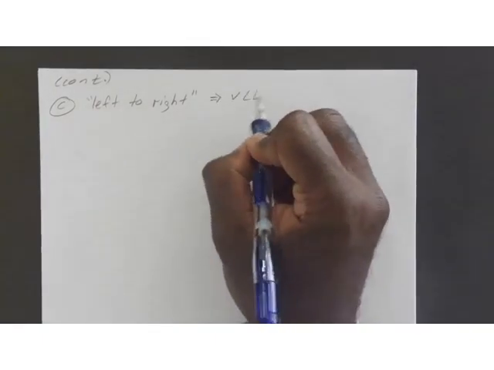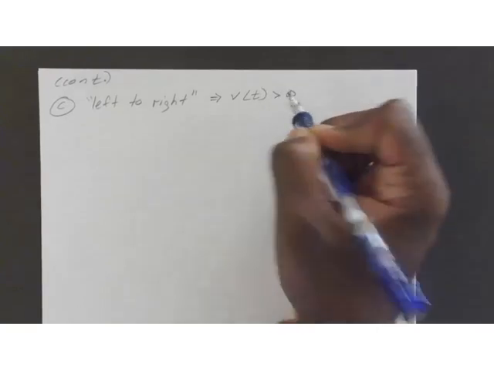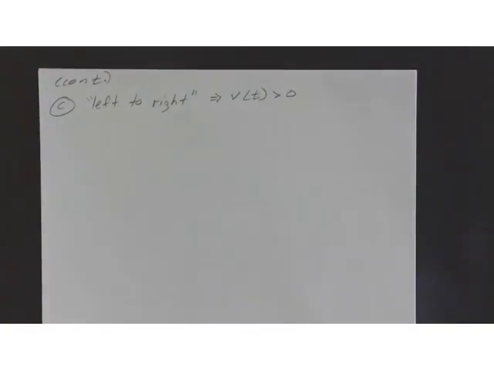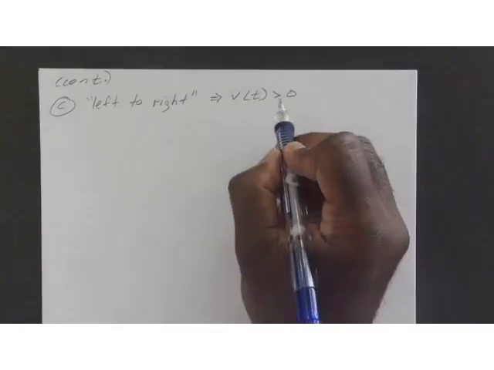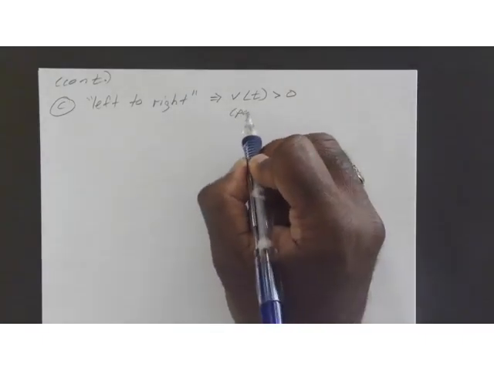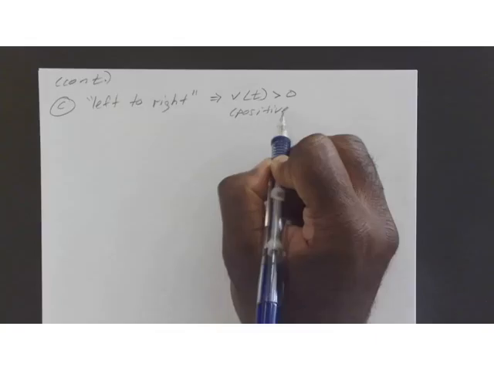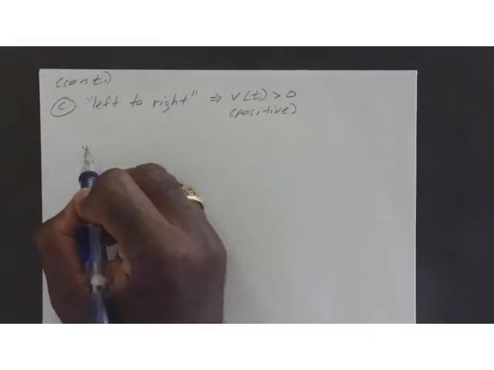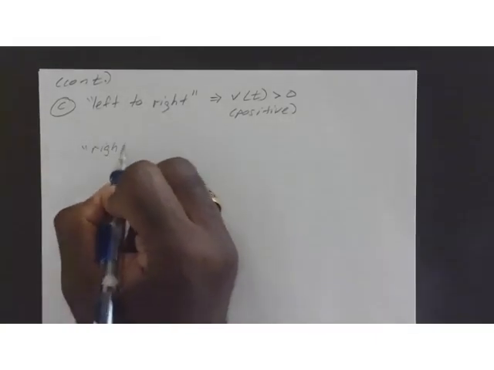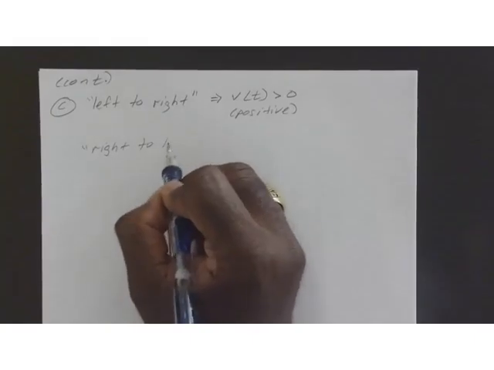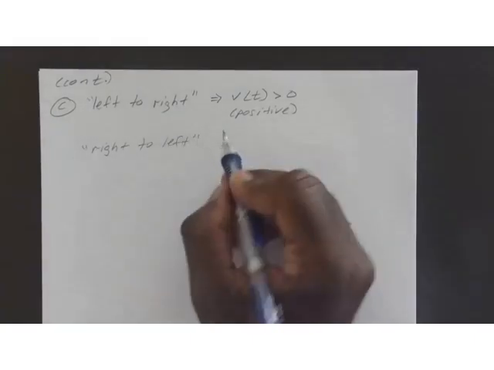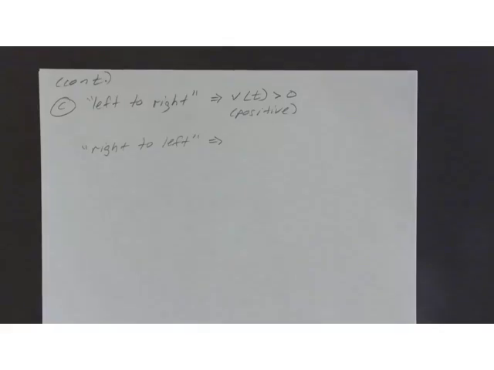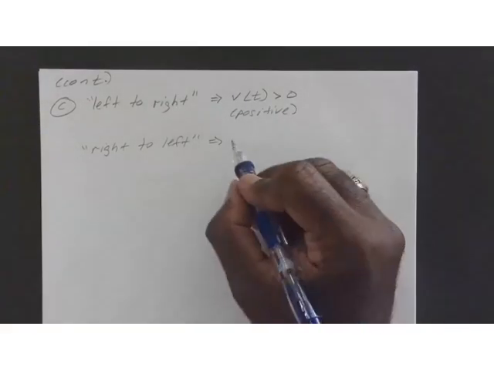That means our velocity is positive, greater than 0. And if it's moving from right to left, that means our velocity is less than 0.